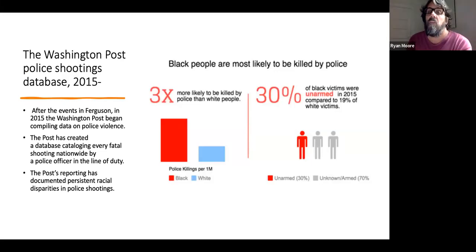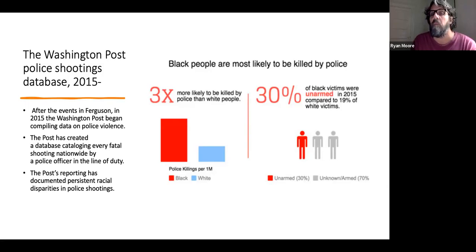Another impact of the Ferguson uprising is that the Washington Post news organization starts to compile a database about police shootings. This is not information that the police voluntarily give up to news agencies.